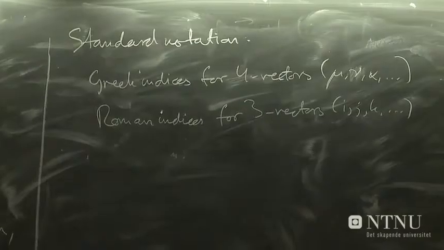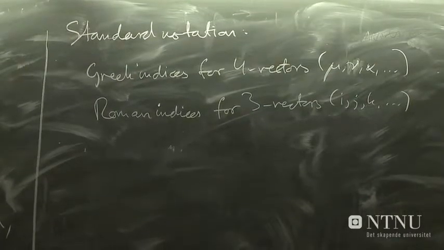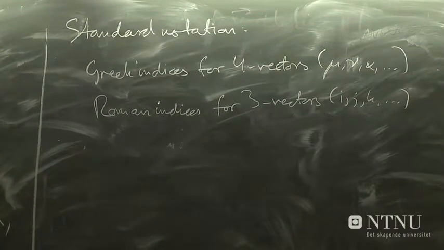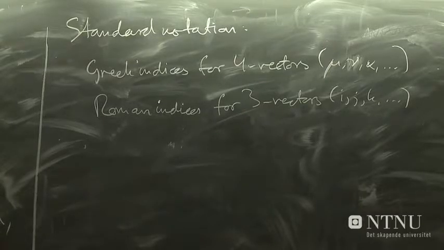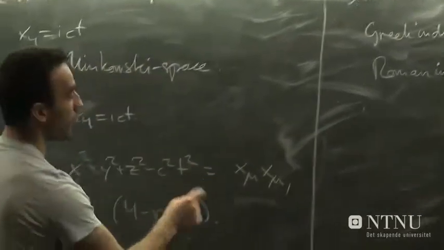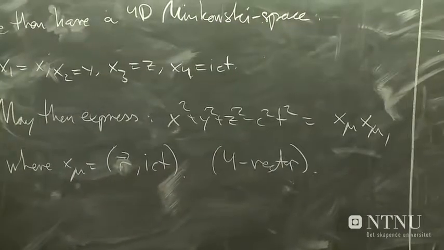So we can now very compactly express the invariance of the speed of light by saying that this x mu, the norm of this 4-vector, is a constant.